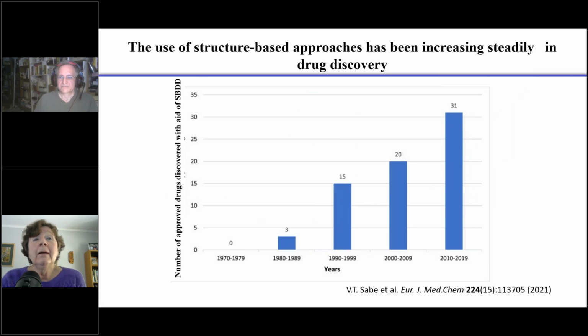And even the acceleration correlated very well with the increase in the number of drugs discovered with the use of protein structure-based approaches, suggesting that modern computational methods have a huge impact on drug discovery.